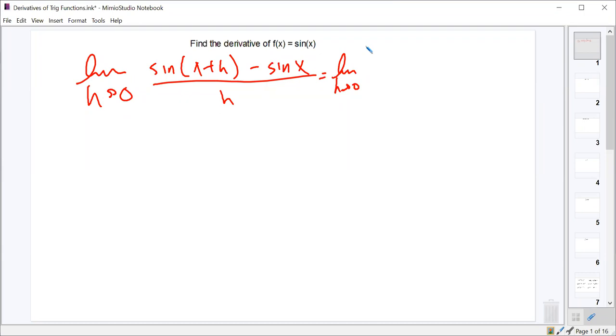Is it sine of x cosine h plus... It's sine x cosine h, yep, plus cosine x sine h. Yep, that's exactly right. And then we still have a minus sine x all over h.